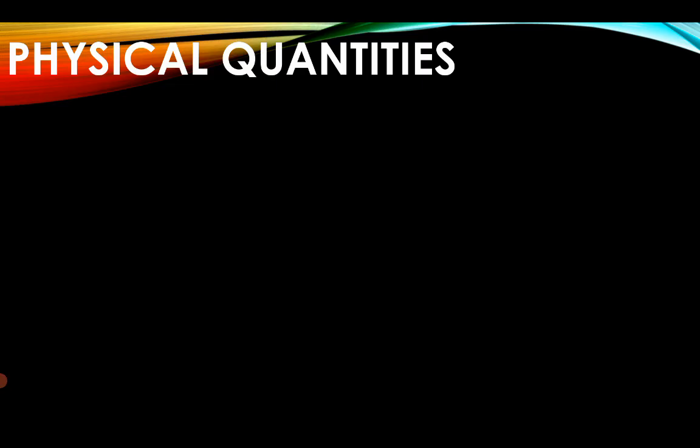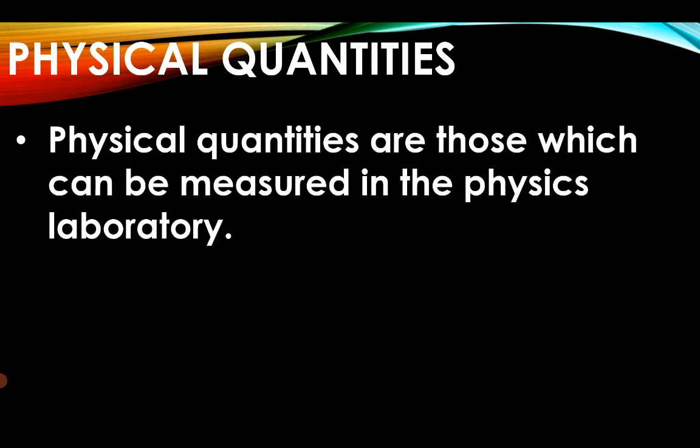For the sake of this level of learning of AS physics, as well as the MSCE level, we are going to define physical quantities in the following manner. Physical quantities are those quantities which can be measured in the physics laboratory.